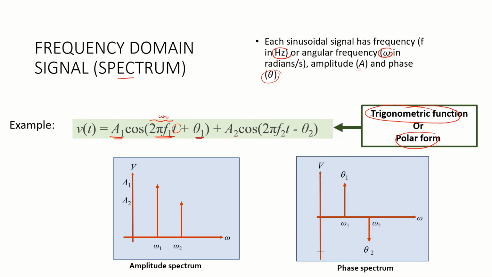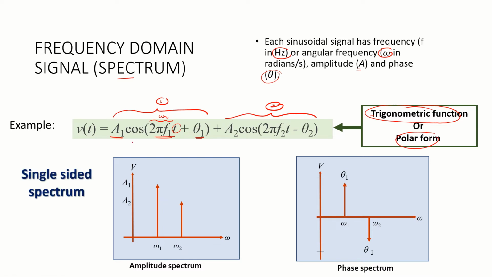Now let's identify how many components we have inside this equation. This is the first component, and this is the second component. So you are going to have two signals. Let's look into the first component. The amplitude is A1.